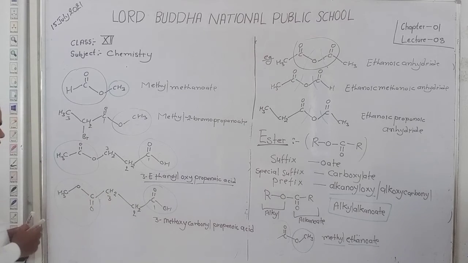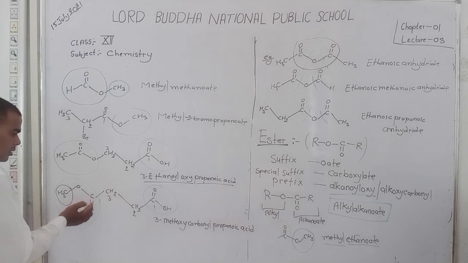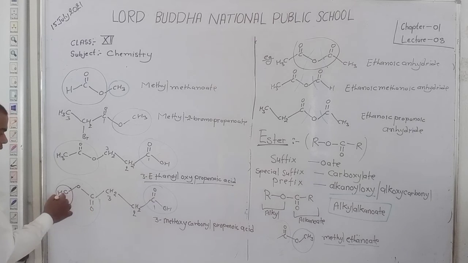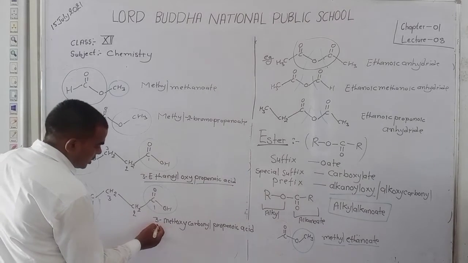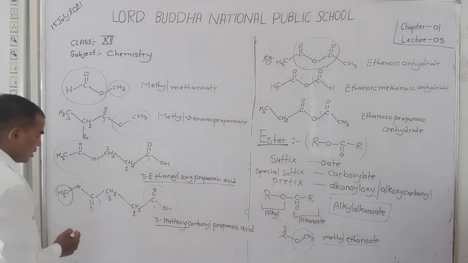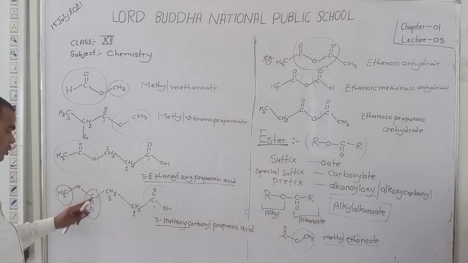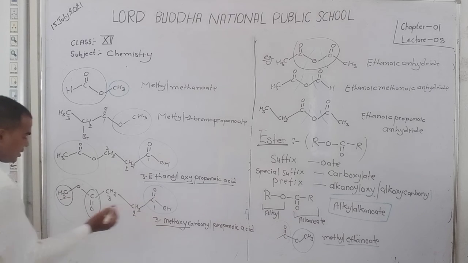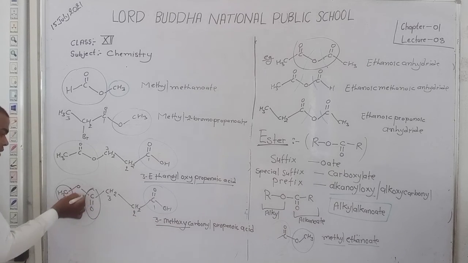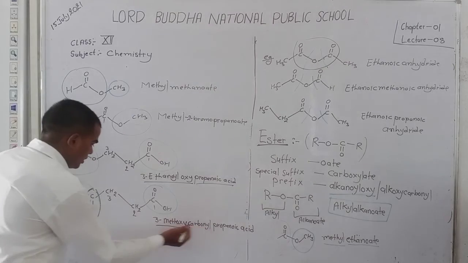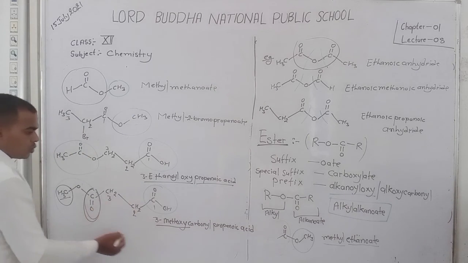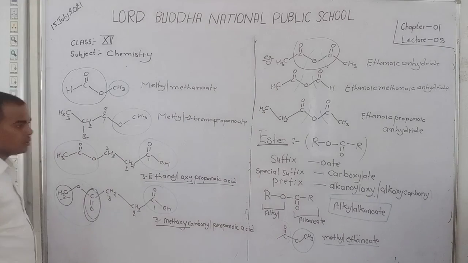At the third position, a methyl group is present. So write third methoxycarbonyl, since the name of CO is carbonyl. Third methoxycarbonyl, and here 1, 2, 3 carbons, so write propanoic acid.